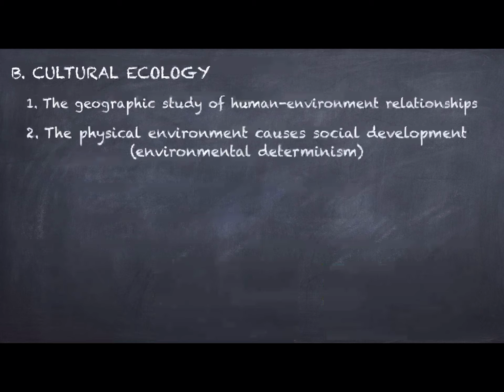These cultural ecologists that first came up with this concept made a very central statement that the physical environment causes social development. Well, the big boy and the big girl term for that is environmental determinism. Our physical environment determines our decisions on Earth, okay?